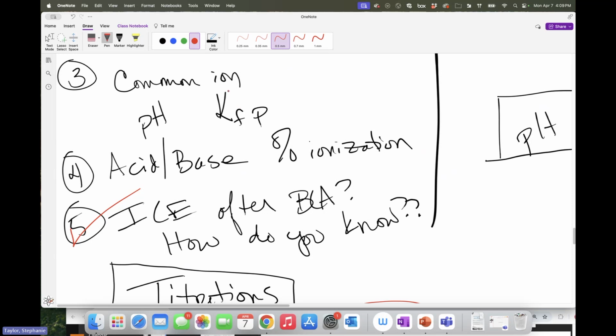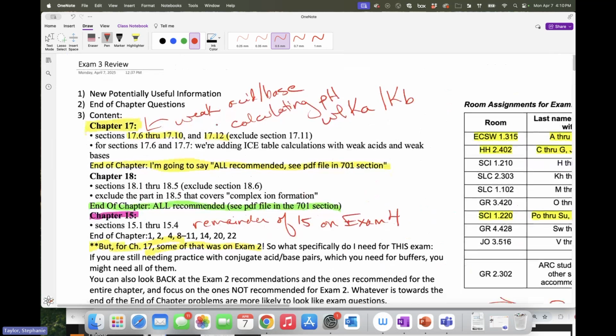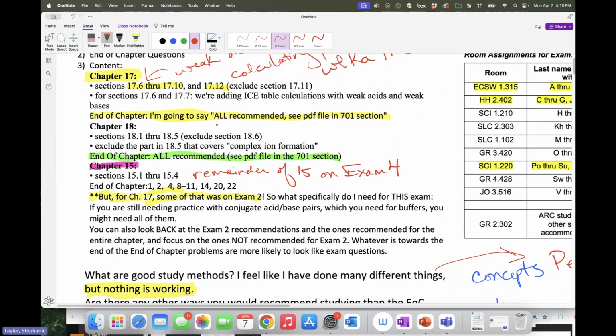Anytime anybody asks me about KF, I refer them back to the things we are testing on and the things we are not testing on.